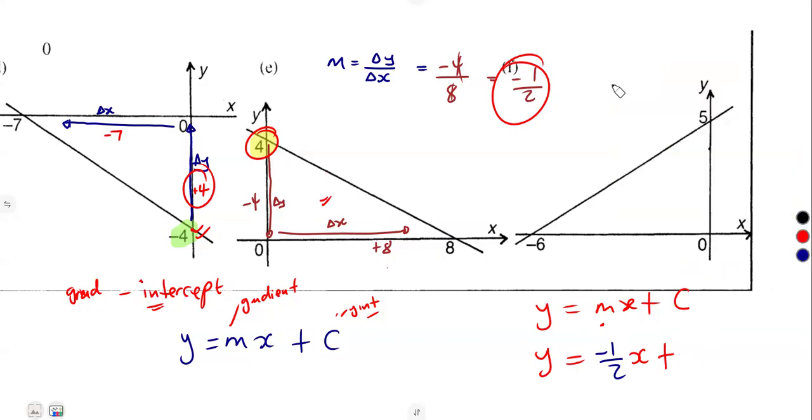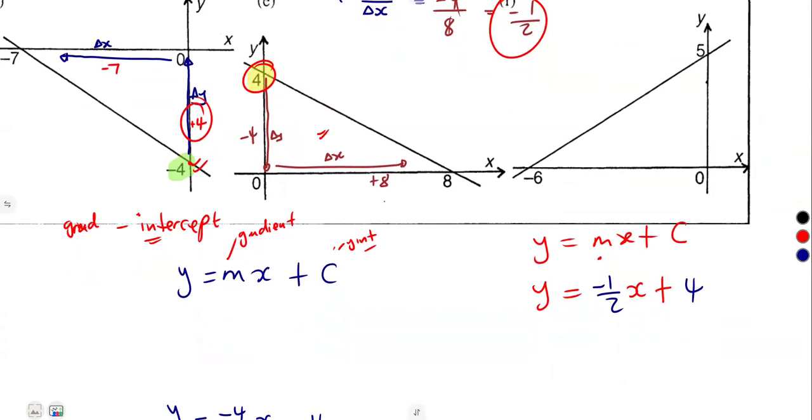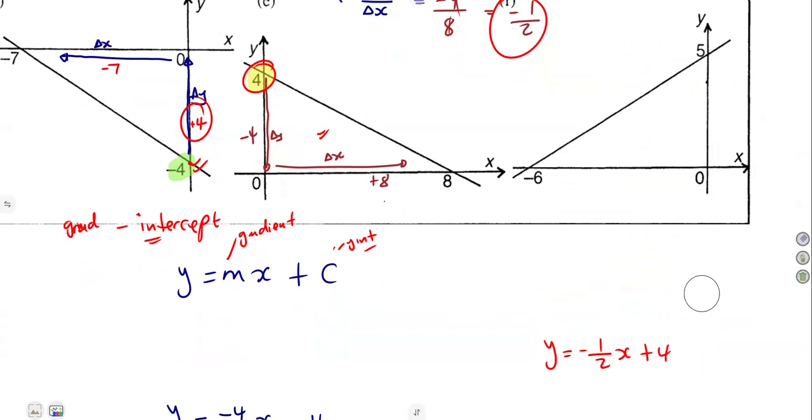So that is our y-intercept, +4. Just like that. So you see, guys, this is direct. So you've got your equation here: y is equal to -1 over 2x plus 4.